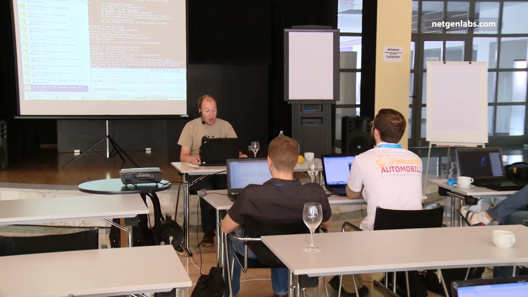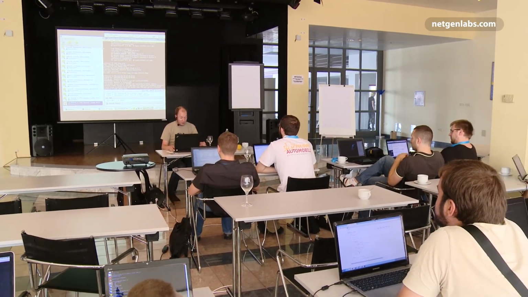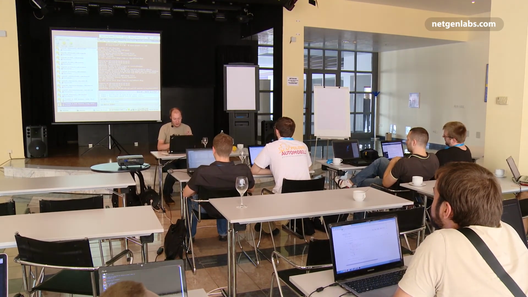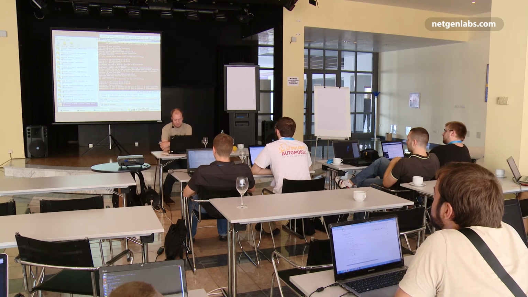I don't know how to use it. Oh, there we go. Yes, sorry. It is sudo ifdown eth1 and then back up again with sudo ifup. And then we should get a new IP address. If we are lucky.